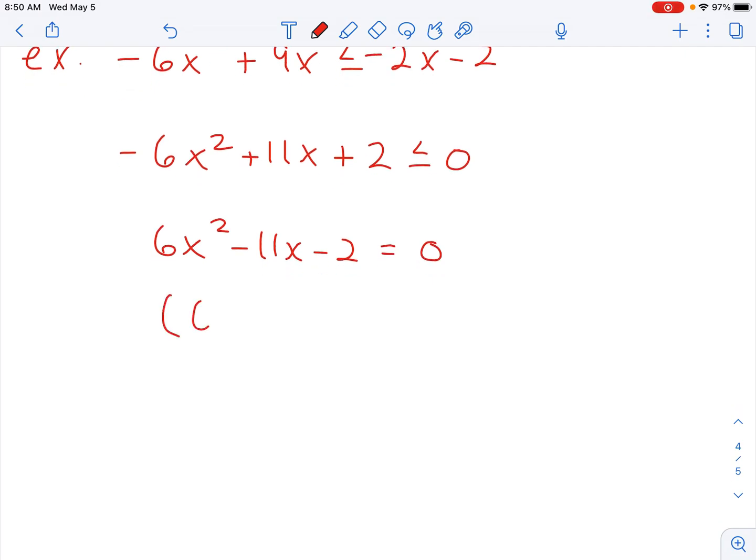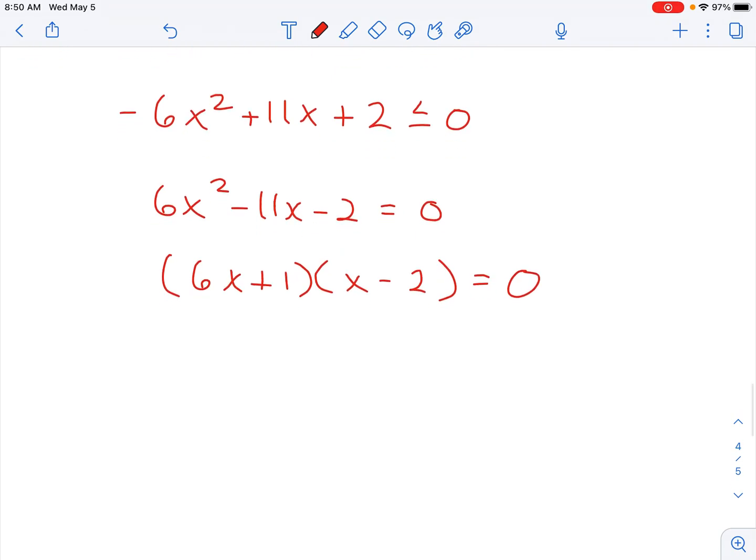And then I could look to factor that, and I think with any luck it is going to factor. Of course, I could use the quadratic formula. Let's see, we're going to have 2 and 1, right? If I had negative 12 and positive 1, which means my boundary points are going to be 2 and negative 1/6.